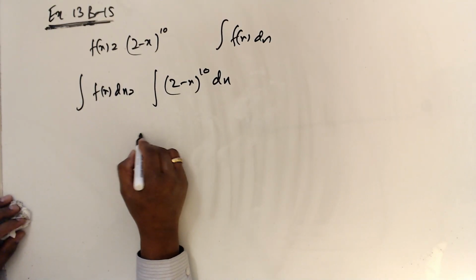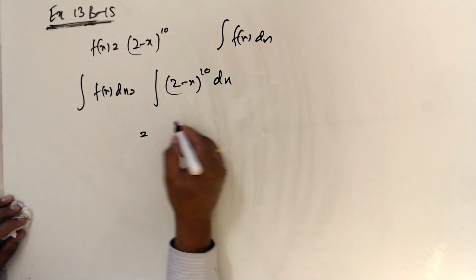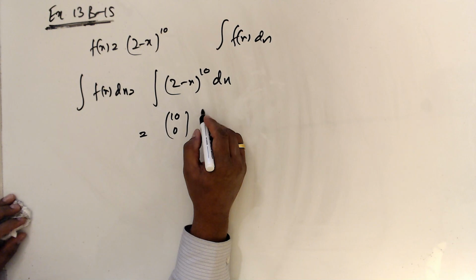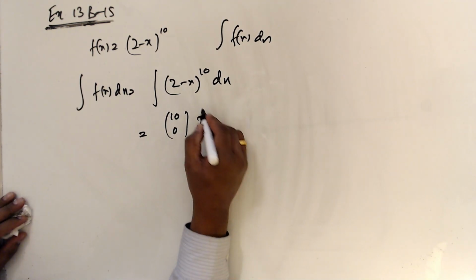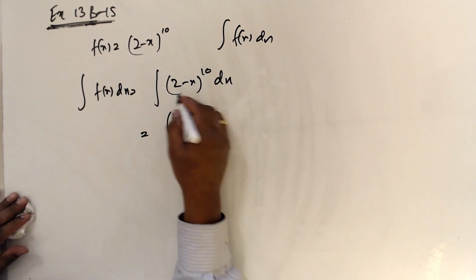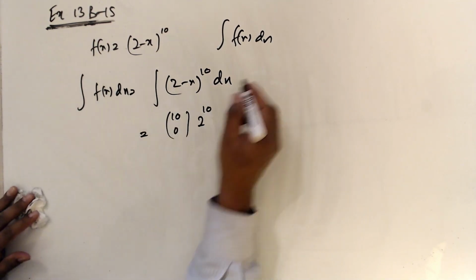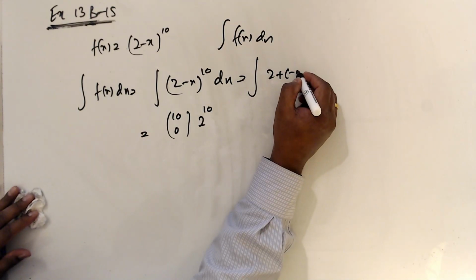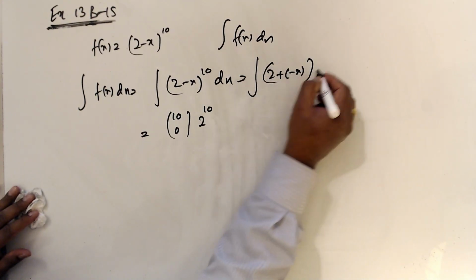Then I have to expand with the binomial. Actually, I can't write the binomial for this one, so I have to turn it to 2 plus minus x, to the power 10, dx.